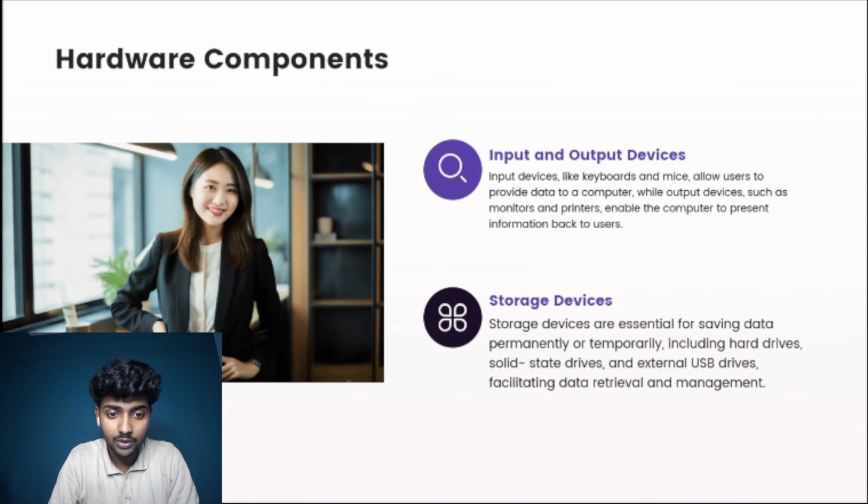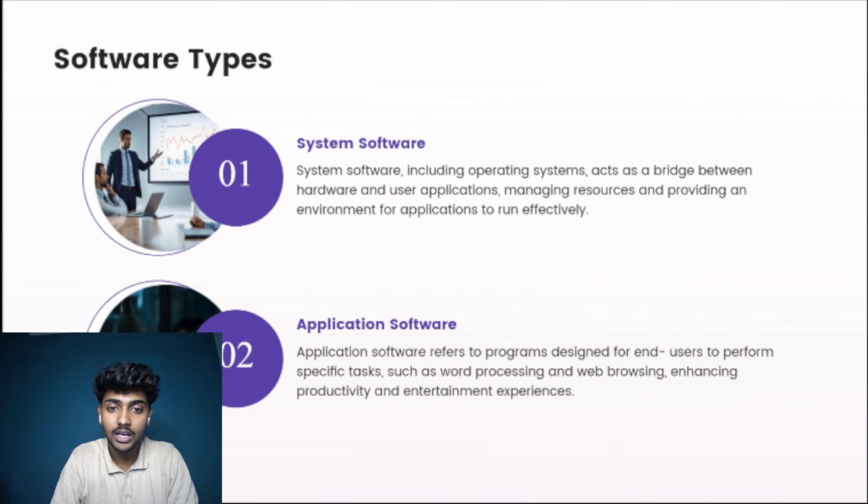So this was the overview of the hardware components in a computer. Now let's come towards the software of the computer. Software is the set of programs that tell the hardware what to do, such as system software, which is the OS, like Windows and macOS for Apple products, and application software such as Photoshop, Word documents, and the browsers which we use for our regular functions.